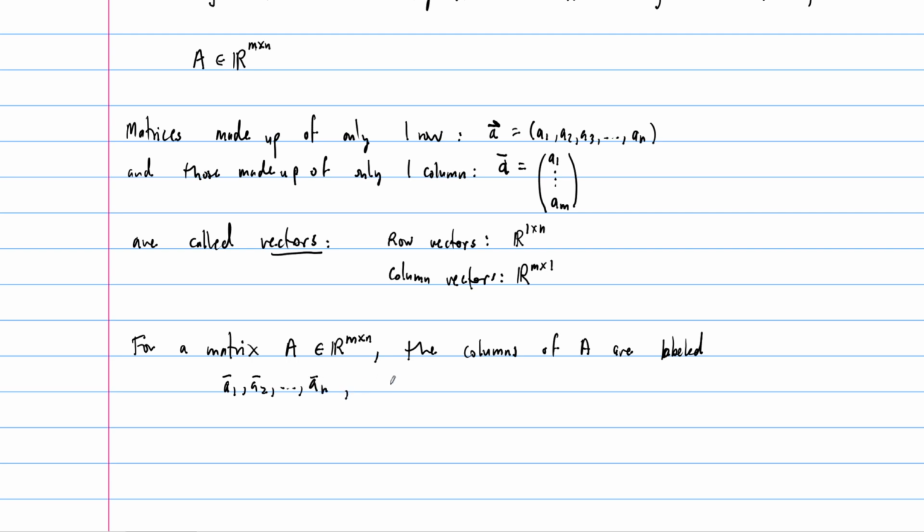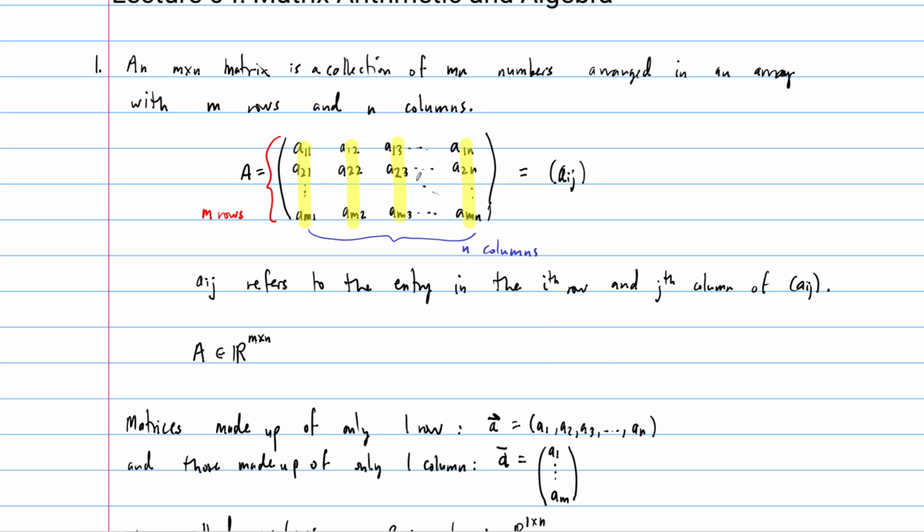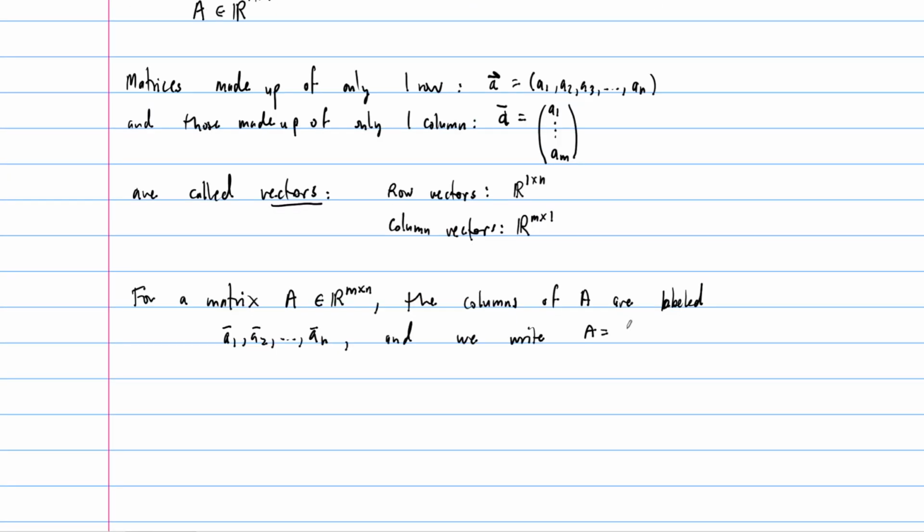And we can write that A is the row vector whose entries are its column vectors. It's getting a little crazy here, but we can do this, and we will want to do this, as we'll see moving forward. So A itself can be rewritten as a row vector whose entries are its column vectors, and we can think of A as a horizontal array like this.